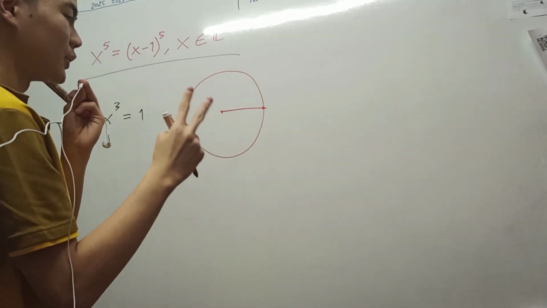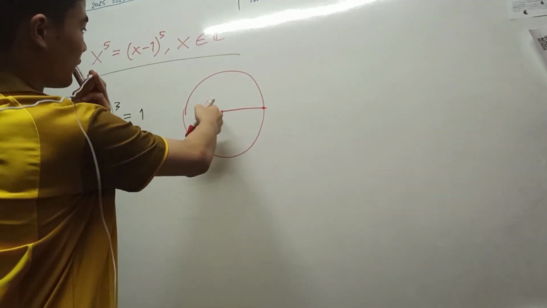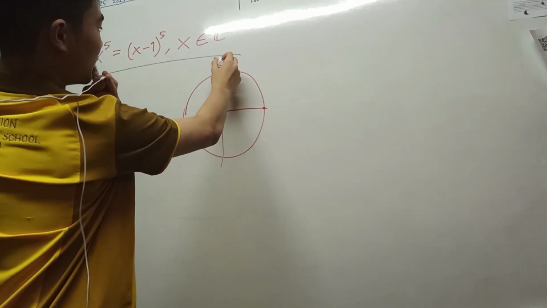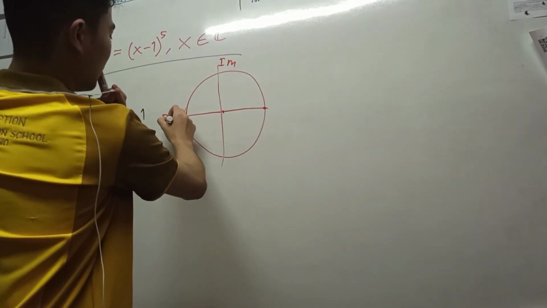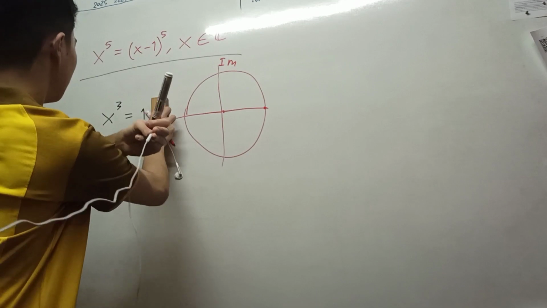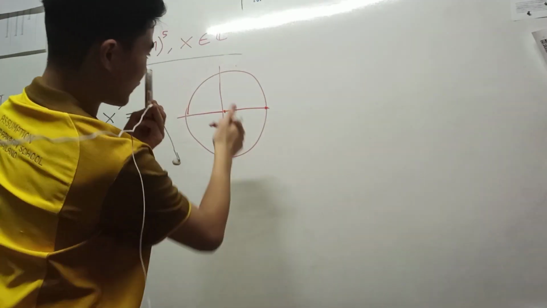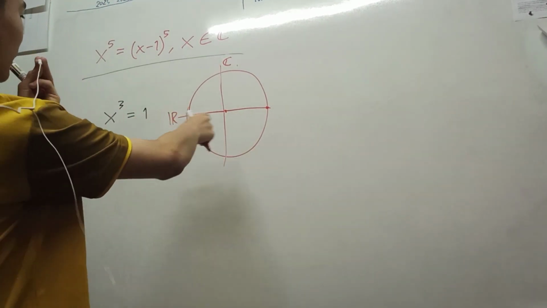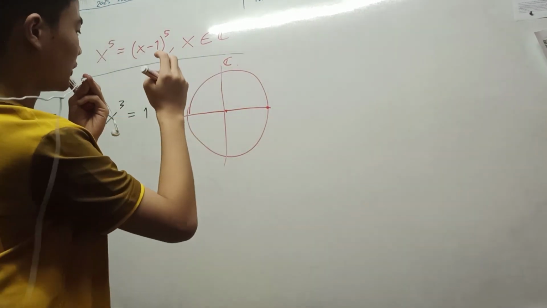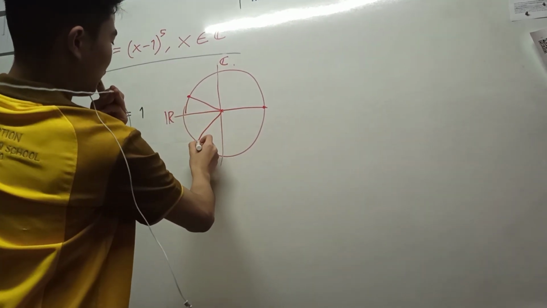That is correct, so 1 is an answer. But there are 2 more solutions, which are complex. So how do we do this? Well, actually right here is imaginary, and right here is real. I'm just going to write it like that. Okay, so this is 1, but there are actually 2 more roots, which are here.